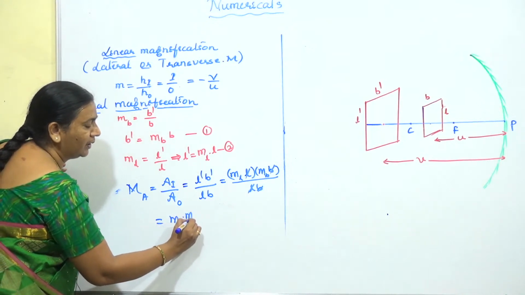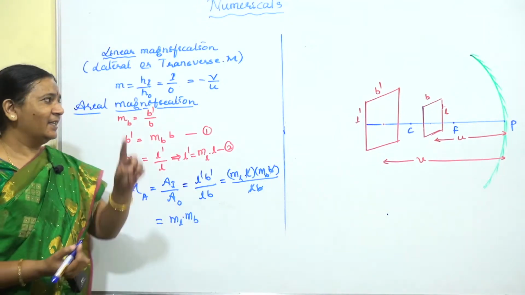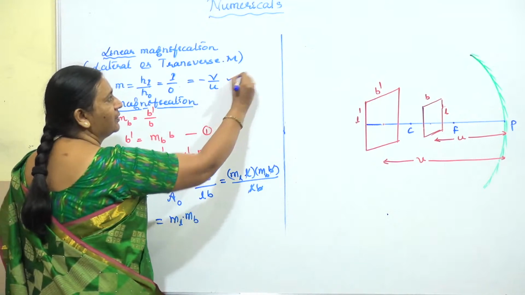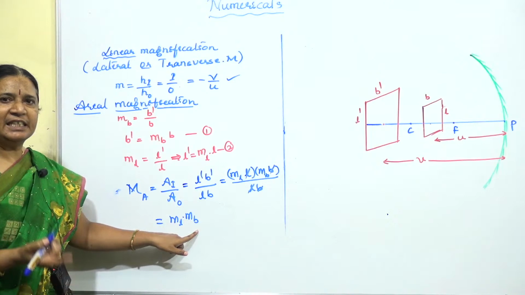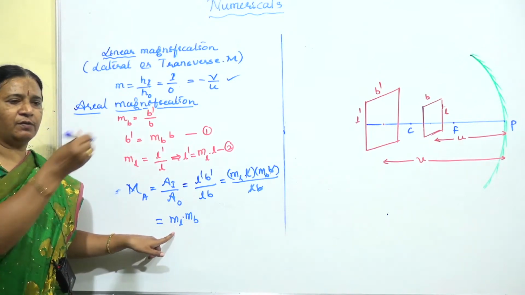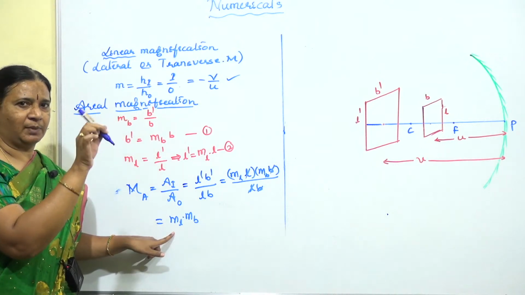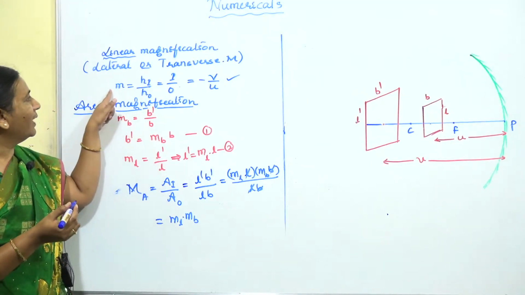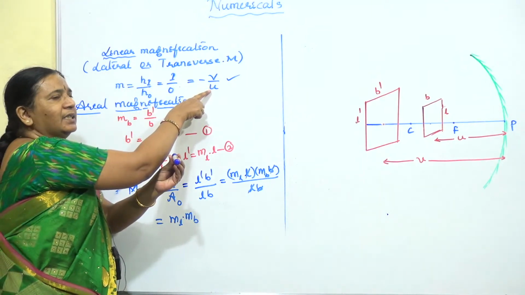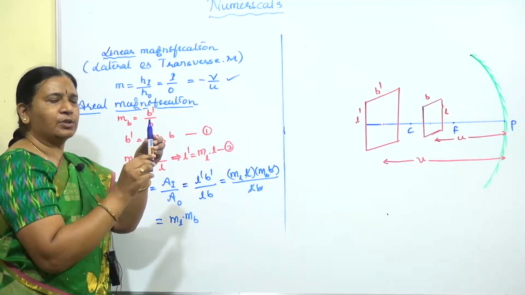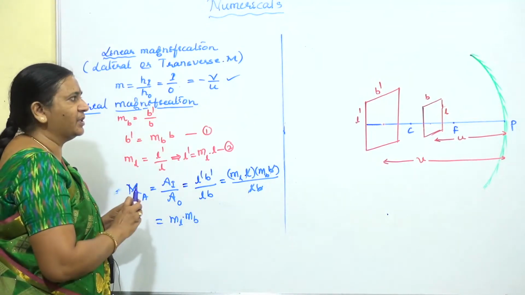ML into MB. Now, don't get scared about how to calculate these things again. What formula do we have for the linear magnification? Because these both are linear magnifications: imagine one wire kept like this and another wire kept like this. Both magnifications should be the same, because when you take the breadth, the image is formed at the same distance, and for the height, also at the same distance.